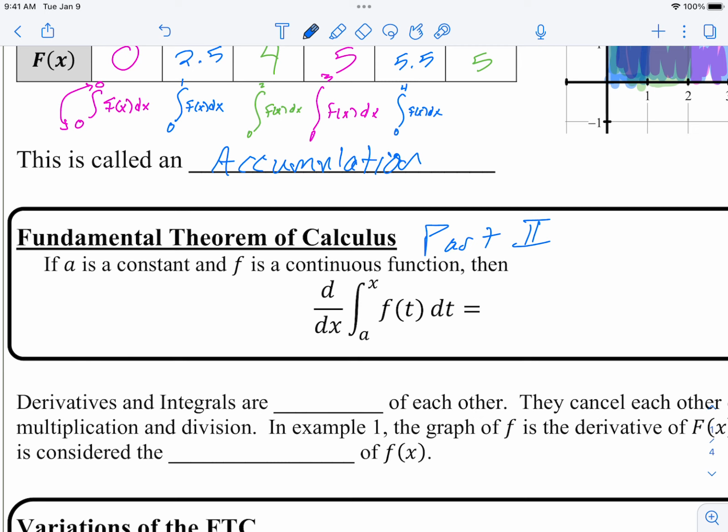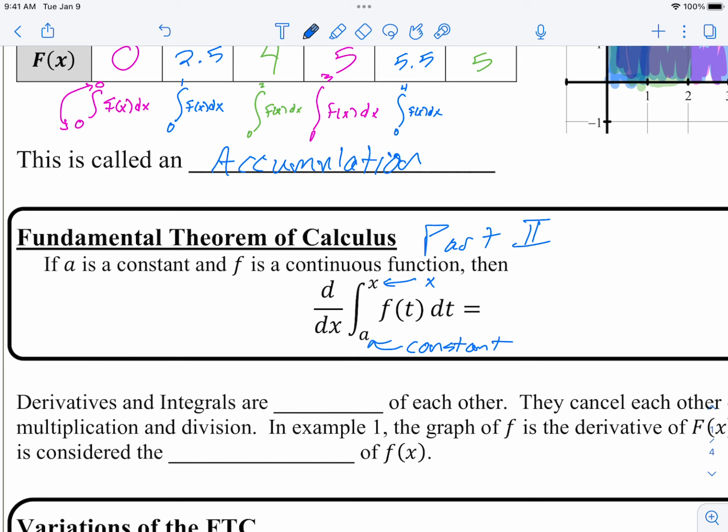This looks like it's related, but it also has a really cool property, so I'm going to focus on that. Do you remember how integrals are the inverse of derivatives? In this very key setting, if this bottom limit is a constant, which is important, just like we did for our accumulation, and this top is just x, and you have an integral and a derivative, what we're going to find is that the derivative cancels with the integral, quite literally cancels.